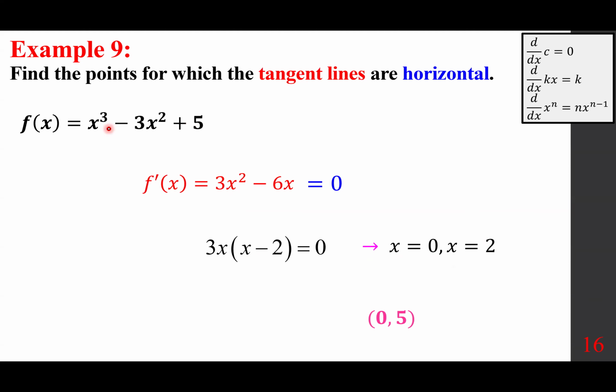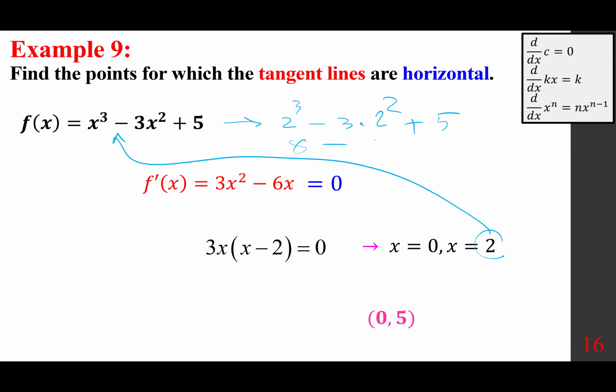What happens if I put the 2? Then I get 2 cubed minus 3 times 2 squared plus 5. 8 minus 12 plus 5 is 1. So the second pair is 2, comma 1.